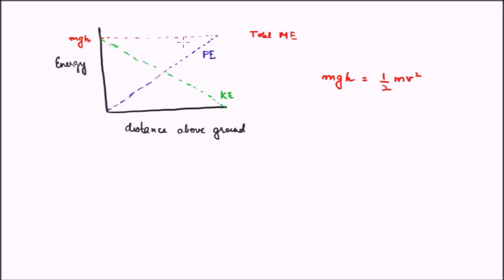So for the lowest point, where there is zero potential energy, the whole total mechanical energy is due to the kinetic energy. Therefore, the maximum velocity will be at that point, and that can be calculated using this relation, which will give me v is equal to root under 2gh. So the maximum velocity is root under 2gh at the lowest point, that is at the ground level.